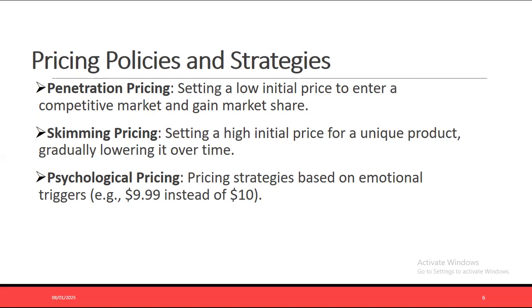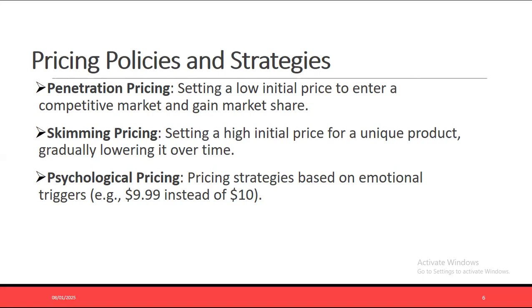Penetration, you set a low initial price to enter a competitive market and gain market share. With skimming pricing, you have a unique product, and then with your unique product, you set a high initial price that will help you to appeal to a special class of people in the society. And then as time goes on, you now reduce the price over time.